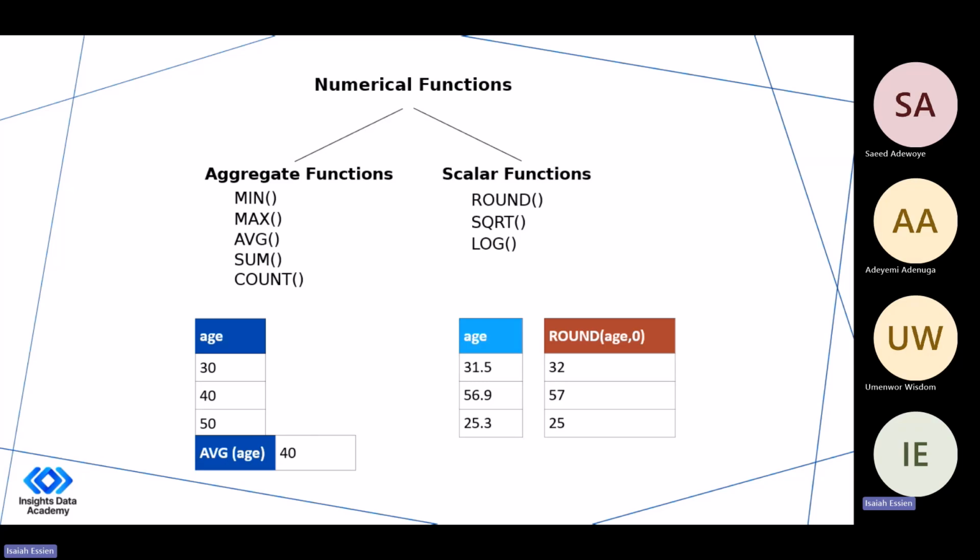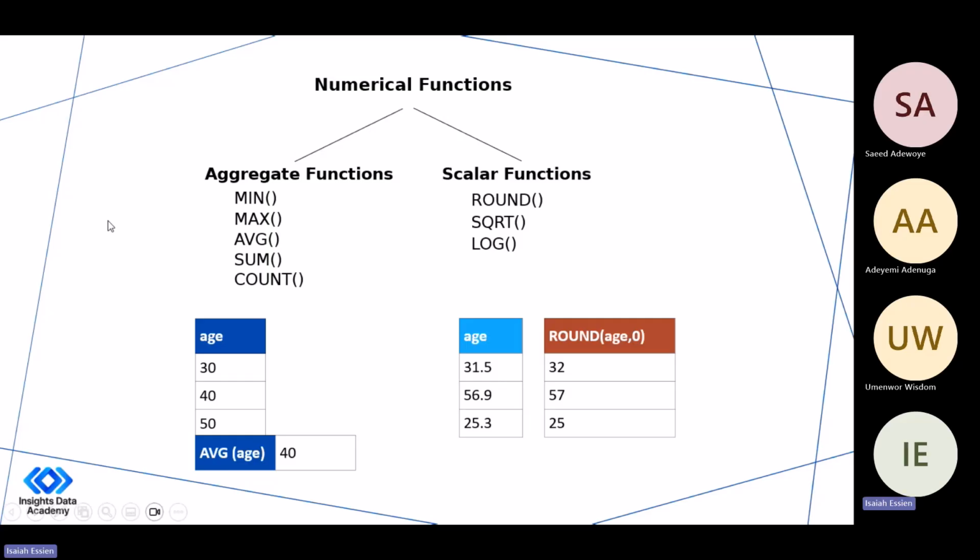Sum to add everything together, count to count the number of values there. But how do aggregate functions work? They run through the values in a particular column and give you a particular value as your output. So they give you a column-wise output.